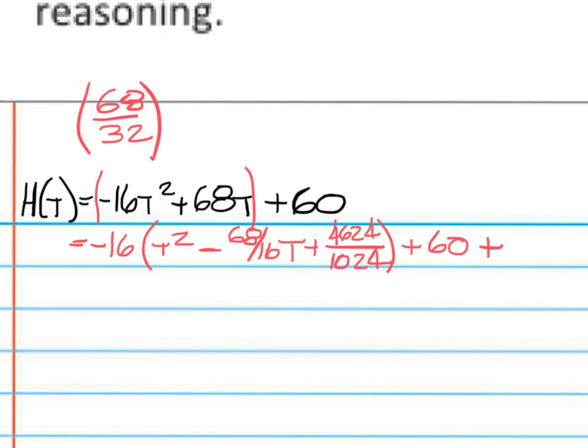So we come up with 16 times 4624, and that will be 73,984 over 1024. What must I do next in order to finish off this completed square?